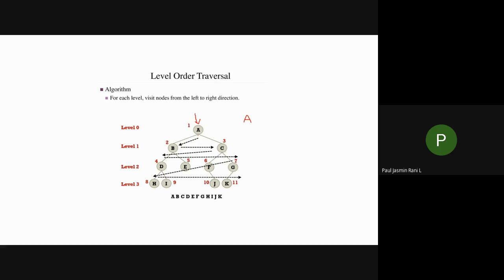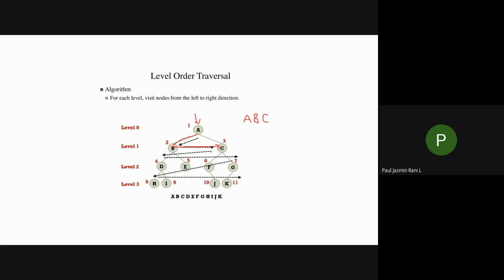So zigzag procedure should be followed in level order traversal. So from A, you are going to move to B. So B should be visited. From B, you have to move along the same level. When you are in level 1, you have to see whether other elements are present. If another element is present, you have to print this C.